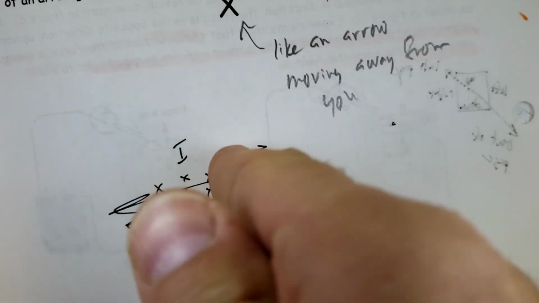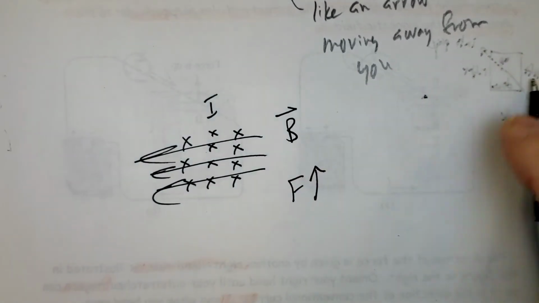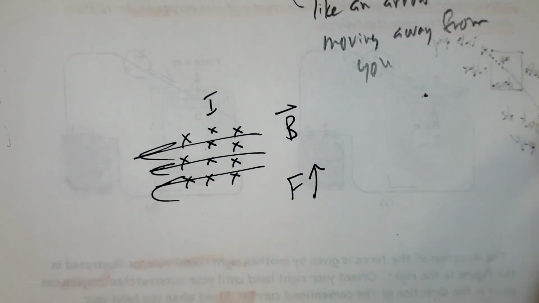The magnetic field is going to be demonstrated by these fingers, which have to be perpendicular to my index finger. So index finger is into the page, these fingers are to the left, and as a result you can see which way my thumb is going. The force is upwards. Okay, so that's how we do that. That's how we represent those types of diagrams and how we figure that out.